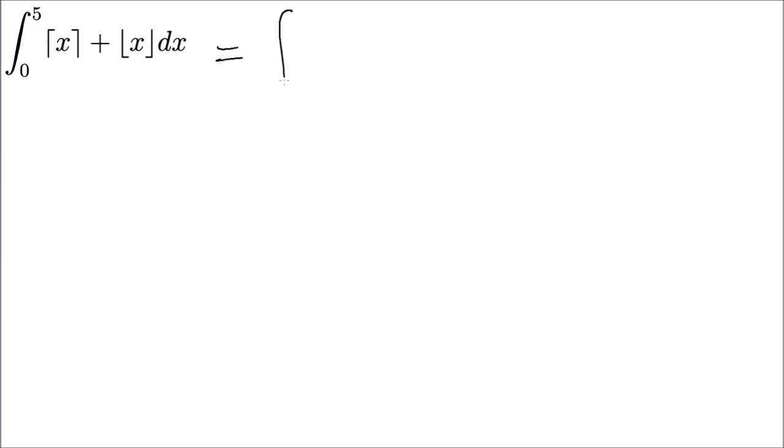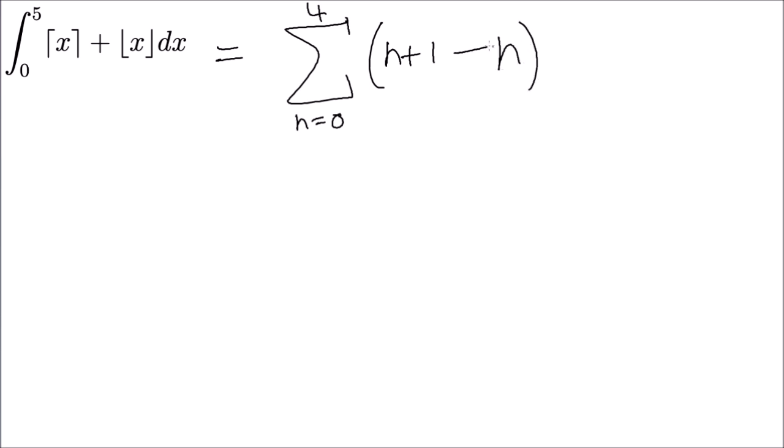This is pretty much the sum from n equal to 0 to 4 of n plus 1 plus n? Yeah. And there's 2n plus 1. I should know this. I actually forgot.